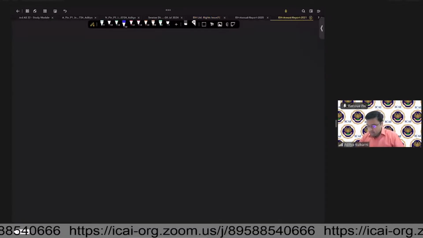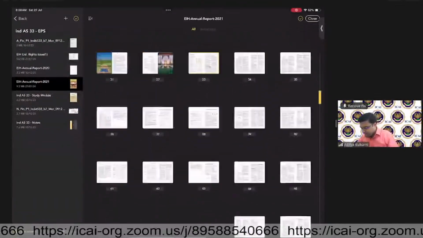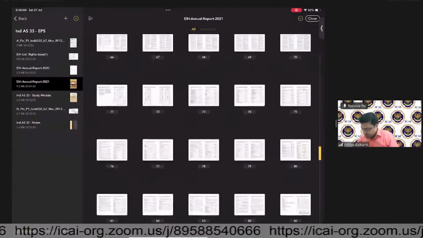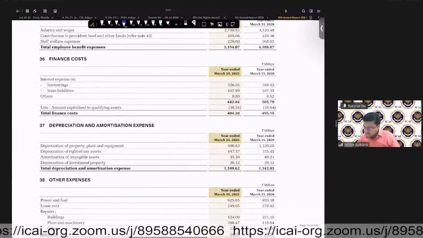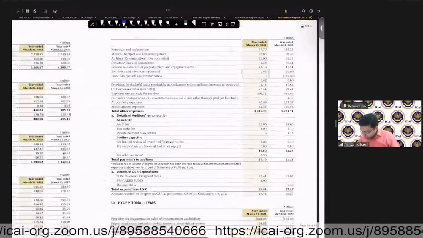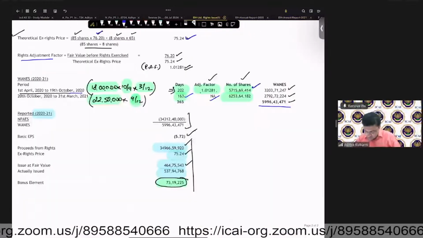Now let us come to the actual reported numbers. Let us come to the reported numbers to see how the calculation looks.